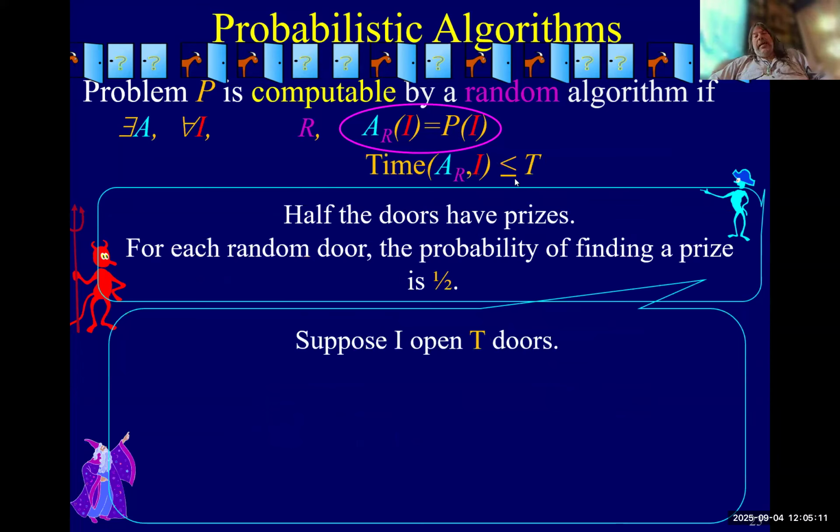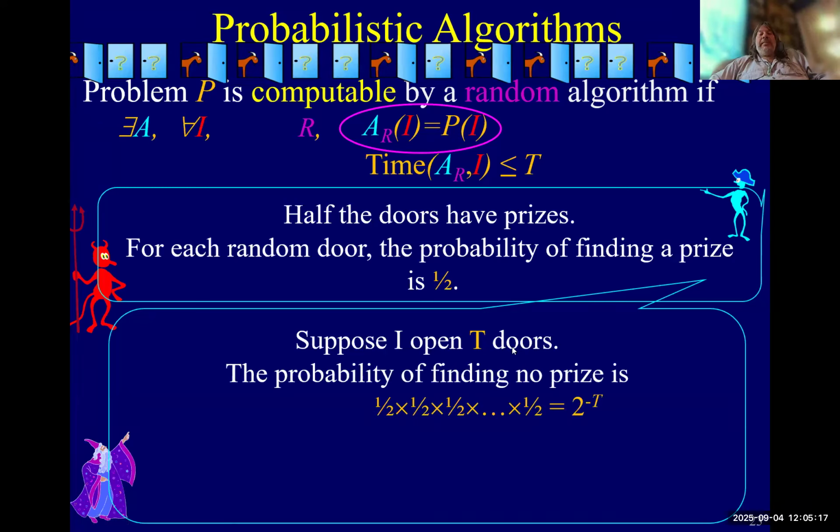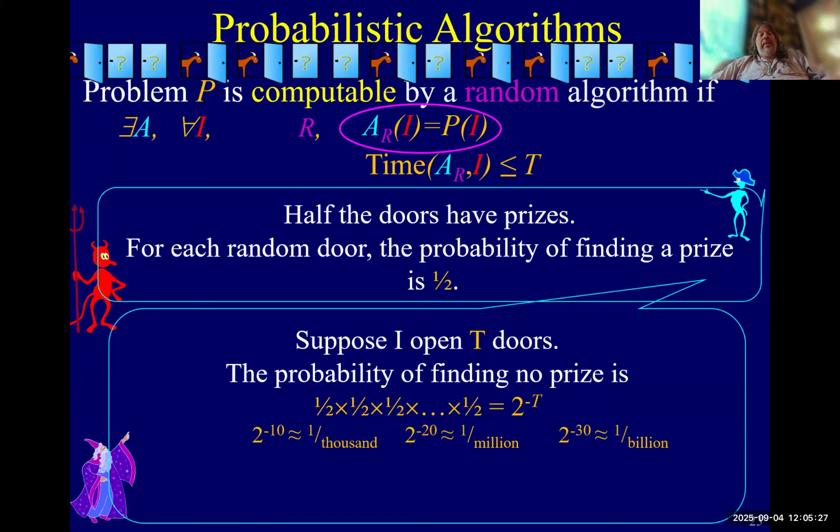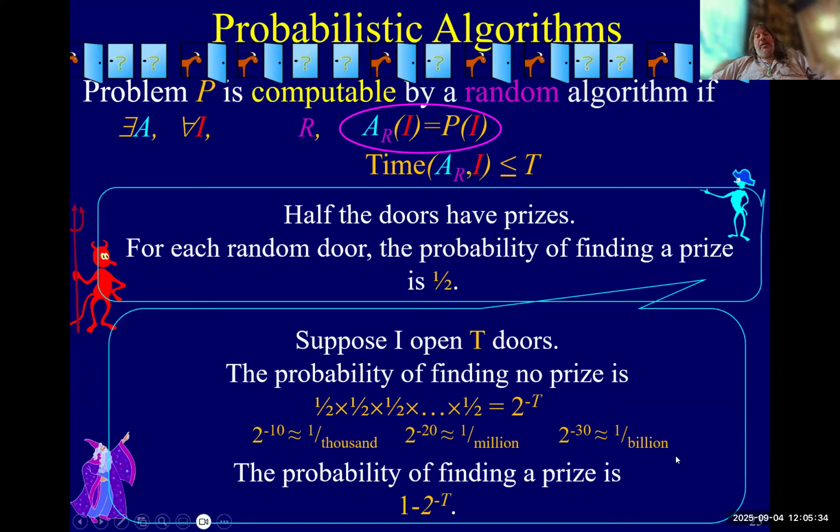So if you open T doors randomly, the probability that you find no prize is one half raised to the power of T, which becomes a small number. And so the probability of finding a prize is 1 minus this exponential term.